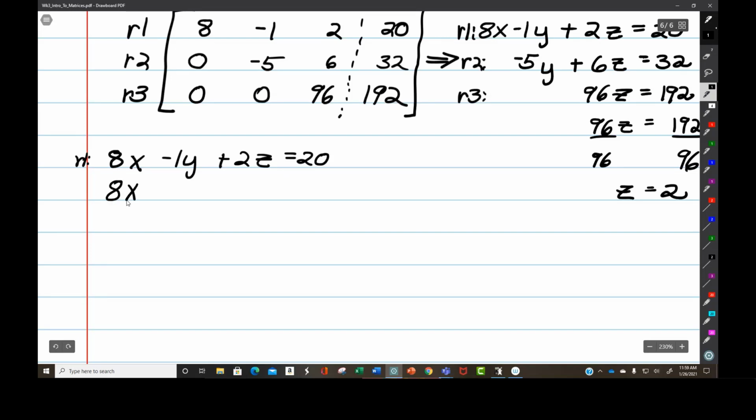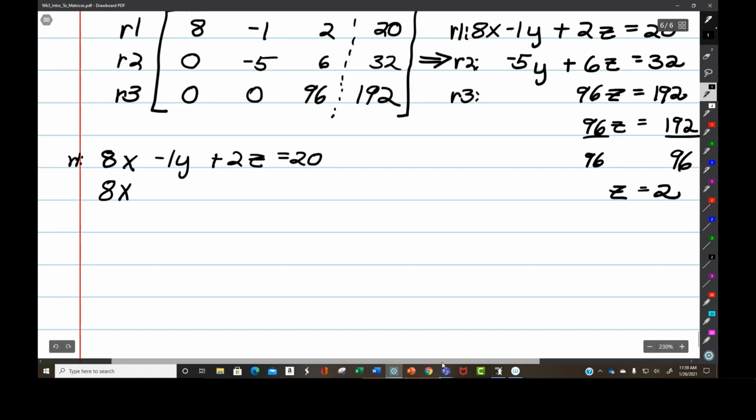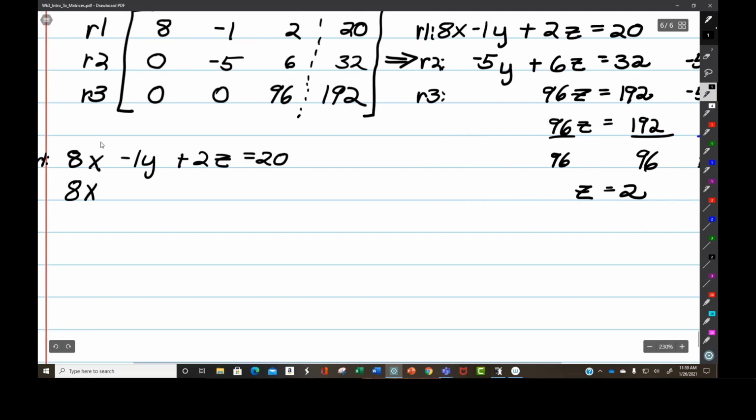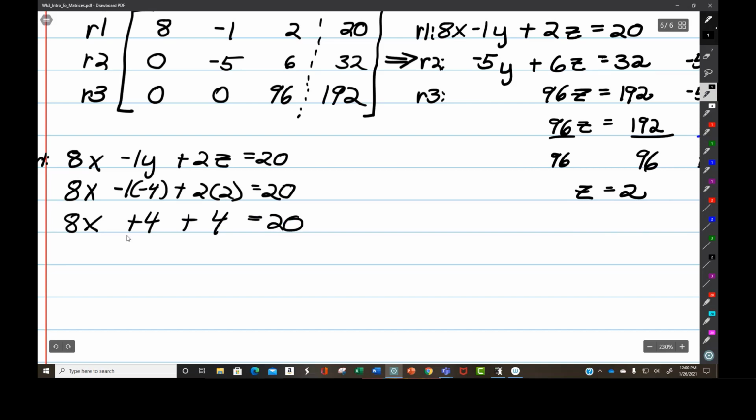So that'll be 8x, y is negative 4, negative 1 times negative 4 plus 2 times 2 equals 20. 8x plus 4 plus 4, so 8x plus 8 equals 20. Subtract 8, subtract 8. 8x equals 12.